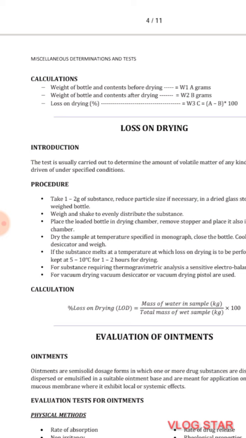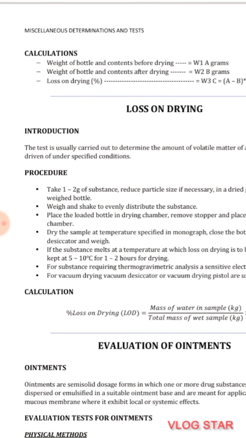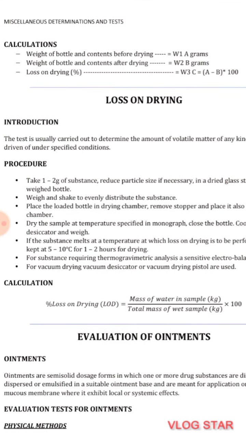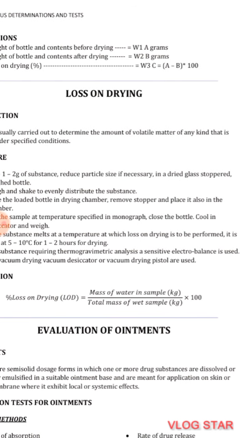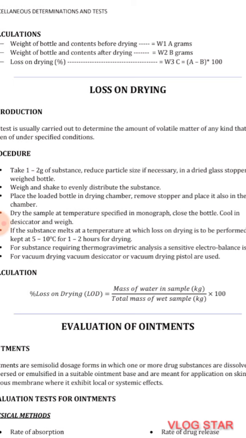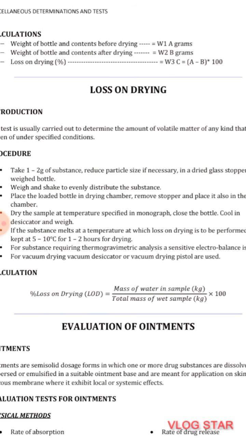Now this is a somewhat complicated process, so we'll study the procedure as well. Take 1 to 2 gram of substance, reduce the particle size, meaning grind it, and then dry it. Now take this into the equipment through which you will find out your loss on drying.